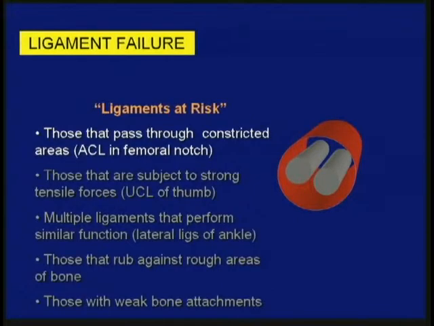There are certain ligaments in the human body that are at risk for injury. There are 5 characteristics of those vulnerable ligaments. I show them on this slide, but for the knee, I'm only going to emphasize briefly the first of these. And that is certain ligaments, such as the anterior cruciate ligament, pass through constricted areas, such as the femoral notch, making that ligament vulnerable to injury in certain positions of the knee.